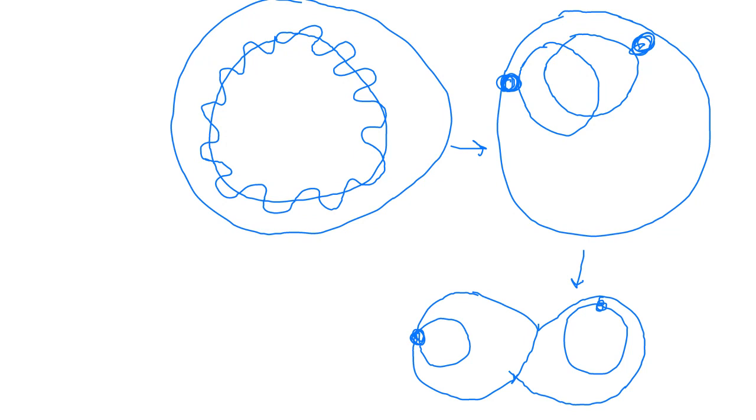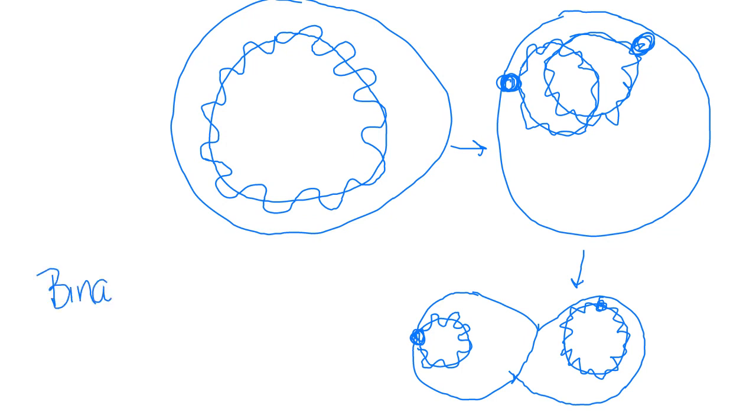As these separate, they will then replicate themselves. So they separate and replicate, and each of these gets a full double-stranded piece of DNA as well. Okay, so that is binary fission in prokaryotes.